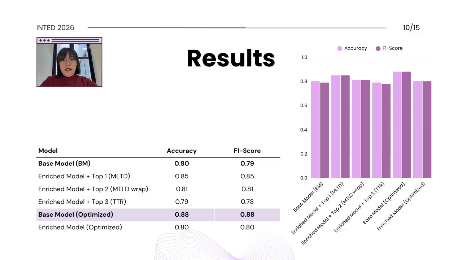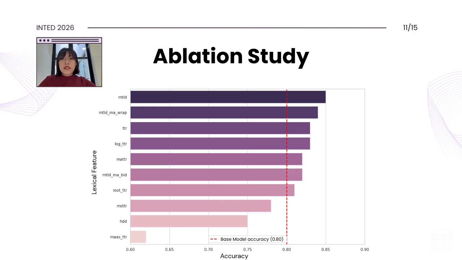However, look at the fifth bar, the optimized base model. It shows that by simply tuning the hyperparameters, we achieved an accuracy of 88%. Surprisingly, when we try to optimize the enriched model, shown in the last bar, the performance actually dropped back to 80%.